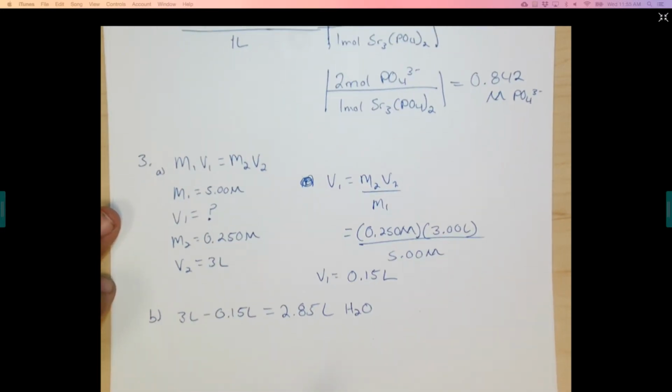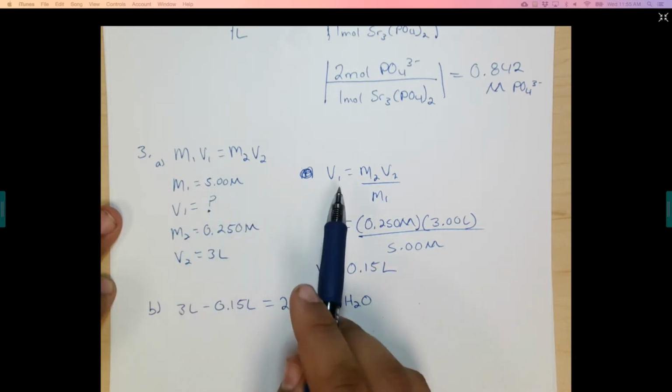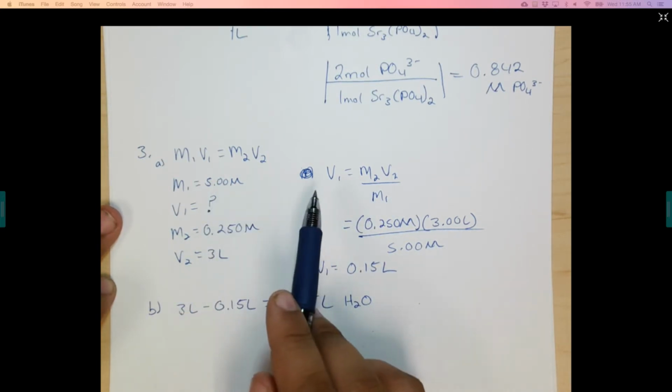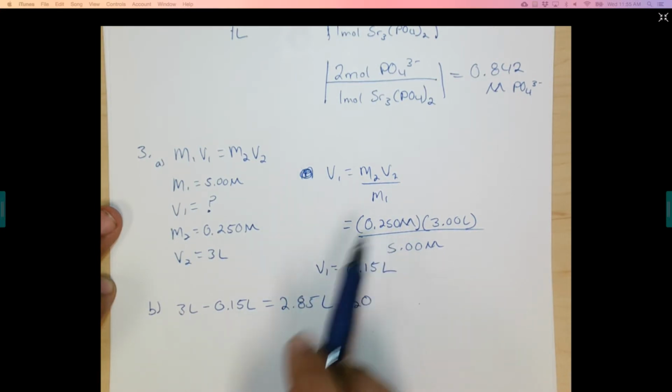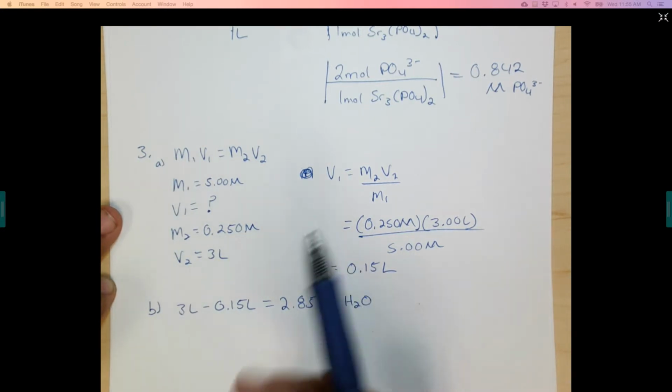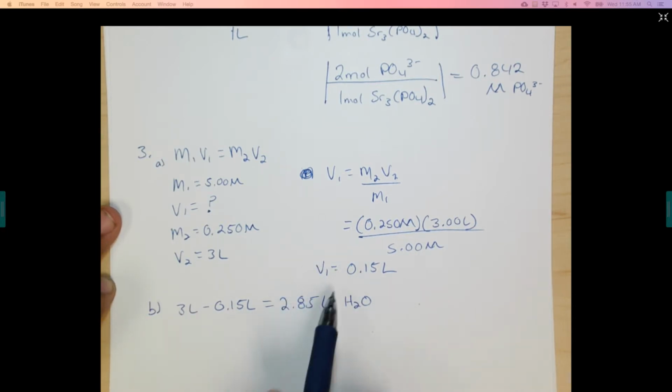So we use M1V1 to calculate V1, which is the amount needed from the stock. We place this much into whatever volumetric glassware we're using, and then we add approximately 2.85 liters of water.